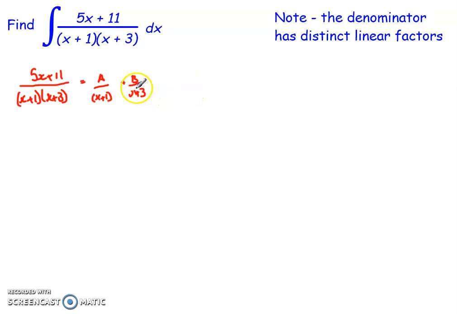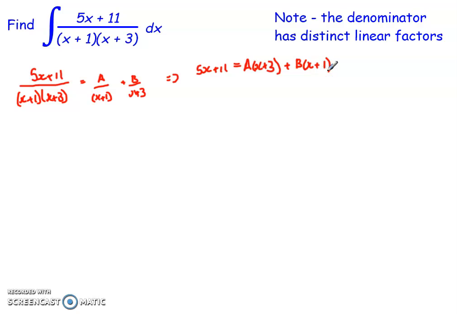Now we know in order to do that, we multiply left and right side by the denominator of the left to get rid of that, and then we put in values for x so that we can find the A and the B. So what we want to change it into is 5x plus 11 equals A bracket x plus 3 plus B bracket x plus 1.